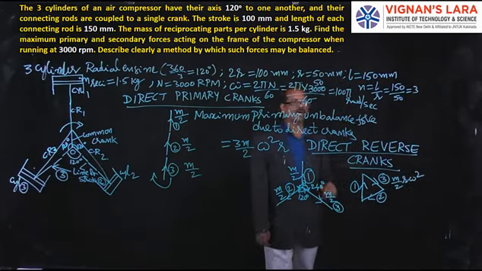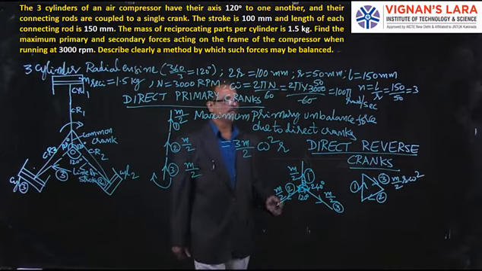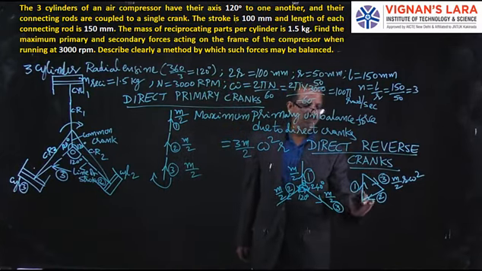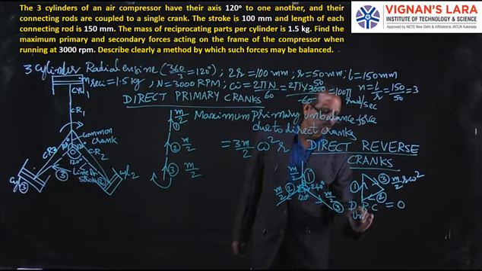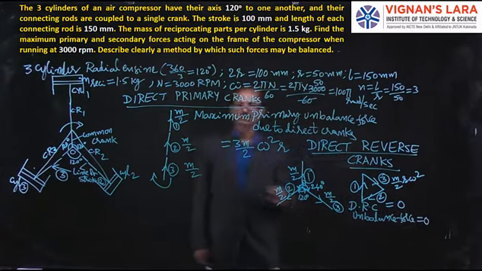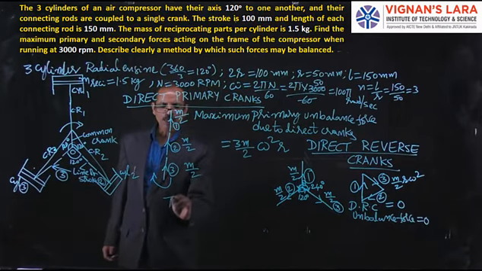So you get a closed polygon, then that indicates direct reverse cranks will give you unbalanced force is 0, isn't it?